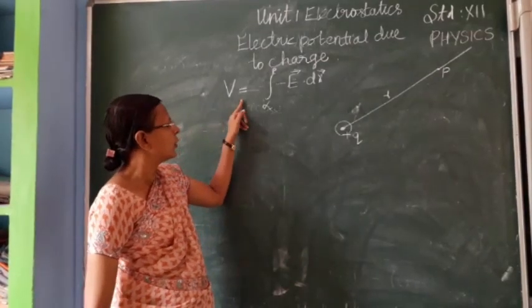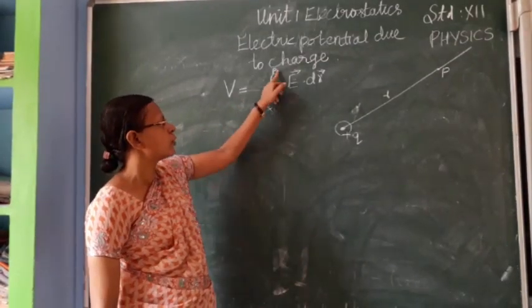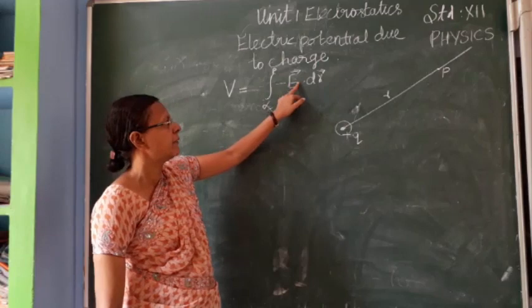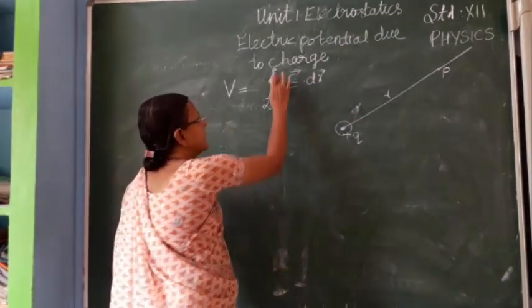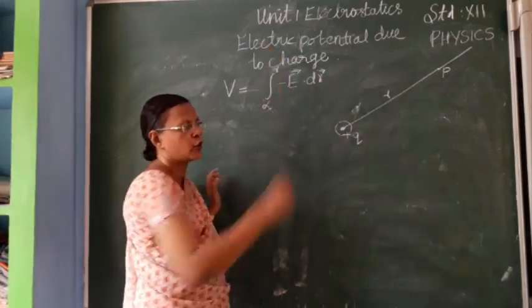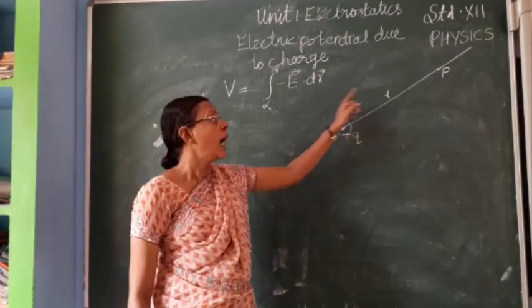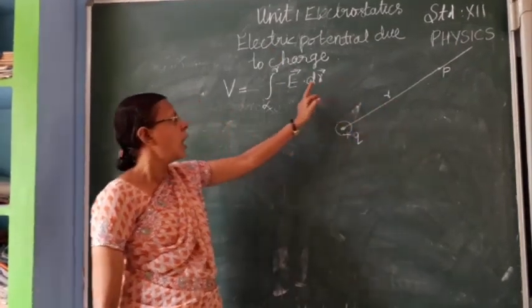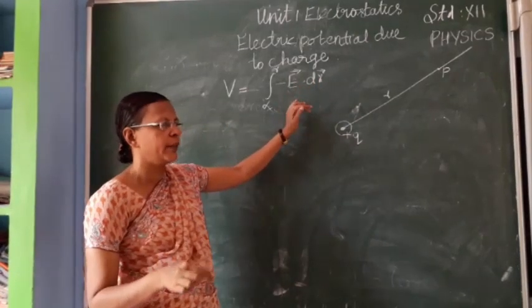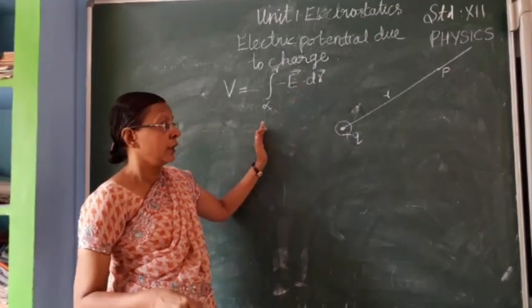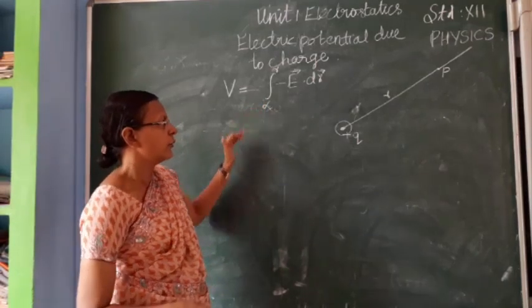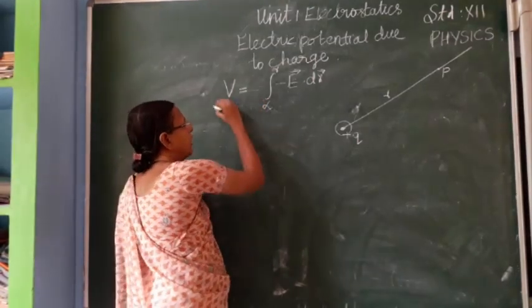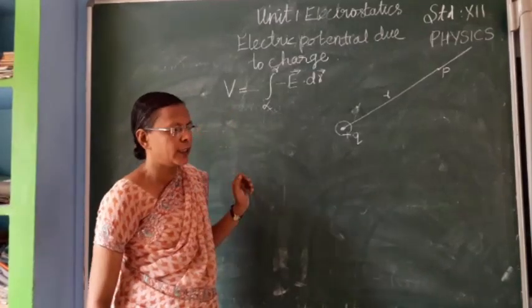So V is equal to integral from infinity to P of minus E vector dot dr. This we have learned. So today, at a distance R, from infinity to a distance R, how much work is done by the applied external force? That work done is the electric potential.